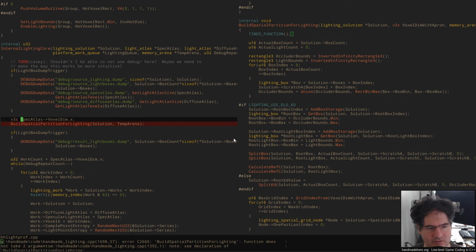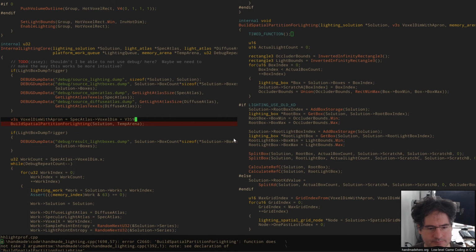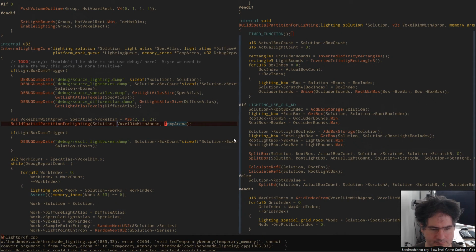So to do this properly, what we want to say is, look, the voxel dim with apron, in this case, is going to come from the spec atlas's voxel dimension, and all we're really doing there is adding two. We're adding one extra pad on all the sides. So I think that's really it that we would need to do there.